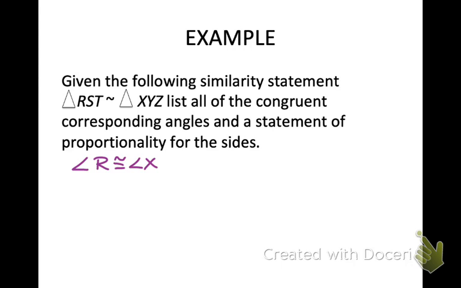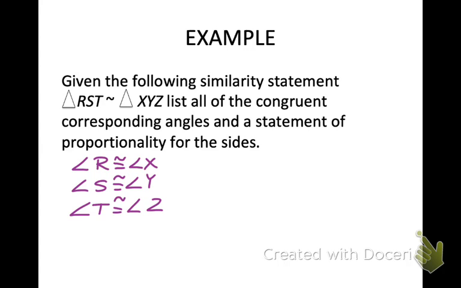Angle X. Because remember, angles are congruent, right? S would be congruent to angle Y, and angle T would be congruent to angle Z. That's nothing new. We did that back in chapter 4, right?